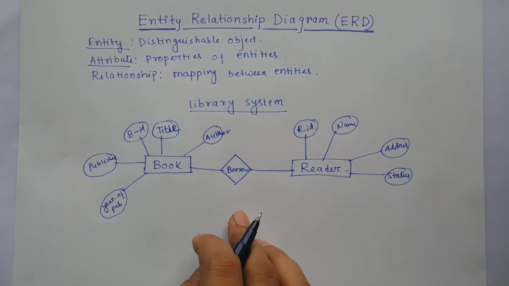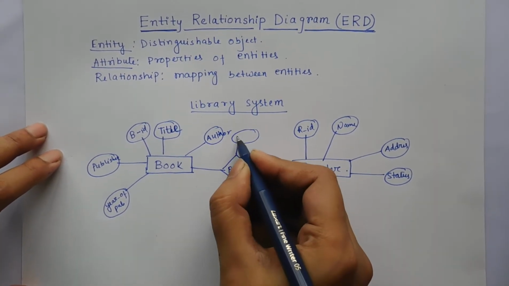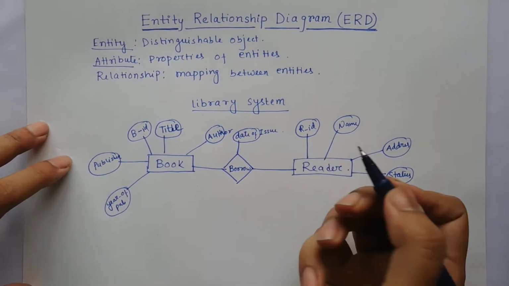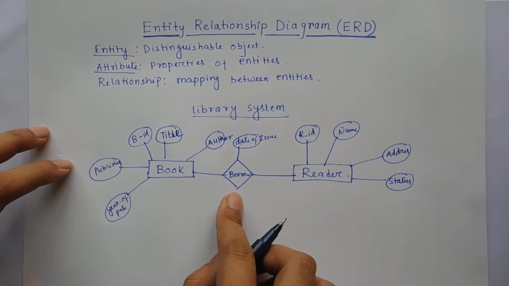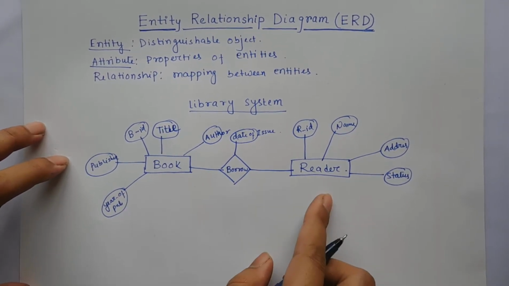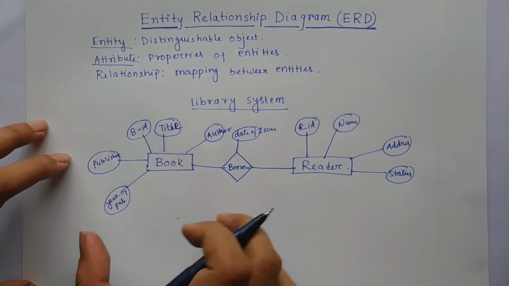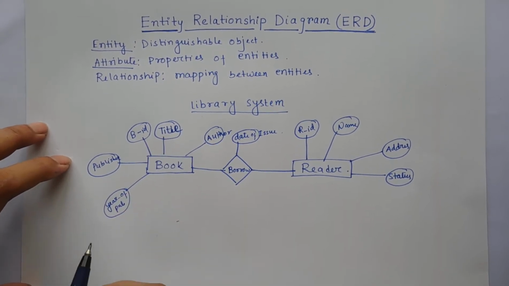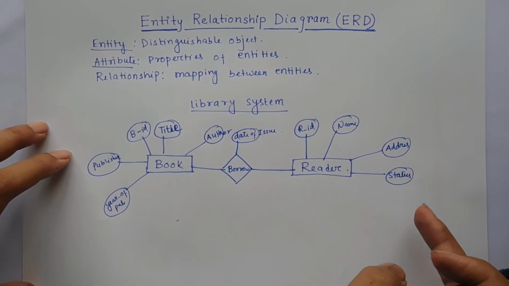Now a relation may have its own attribute. Suppose its attribute is date of issue. And the relation also has attributes from the entities participating in this relation. Suppose we consider book is a table with attributes BID, title, author, publisher, etc. And reader is also a table with attributes reader ID, name, address, and status.